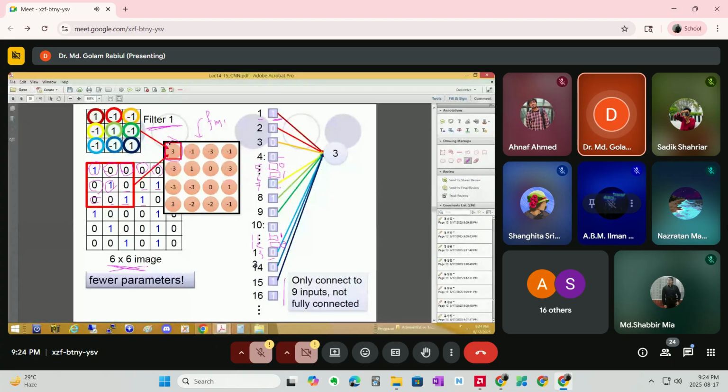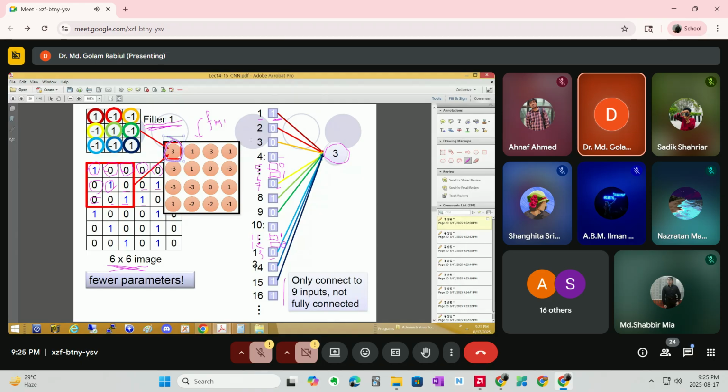Now these are the filters. This is 1, negative 1, negative 1, like this. After performing the convolution operation, we got the 3. Now, to get the 3, what values have we considered as input?